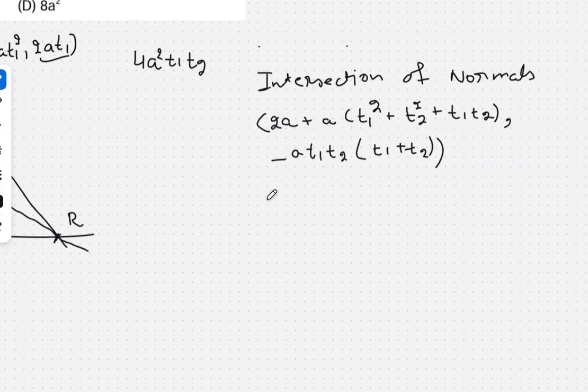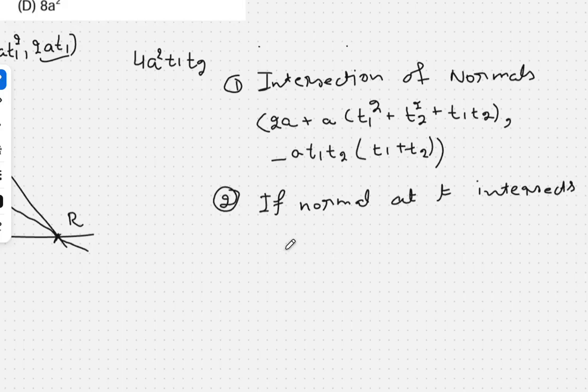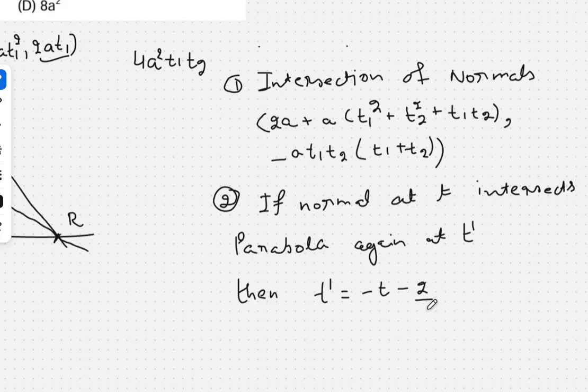And we know the second result: if the normal at t intersects the parabola again at t dash, then t dash will be equal to minus t minus 2 by t.